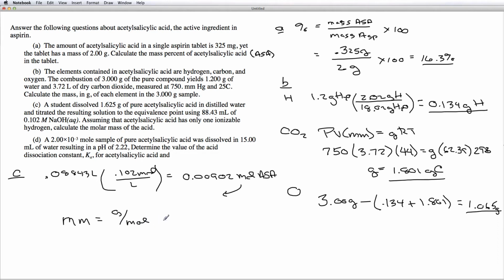The grams are given to us as 1.625, and the number of moles we just found is 0.00902. If we divide that out, we get 180 grams per mole, and that is our answer to C. Alright, next page, and we'll move on to D.